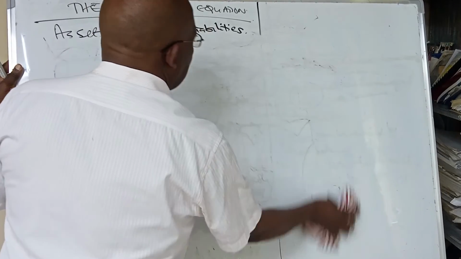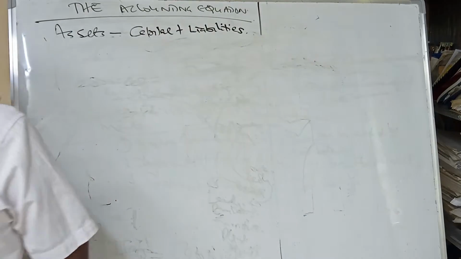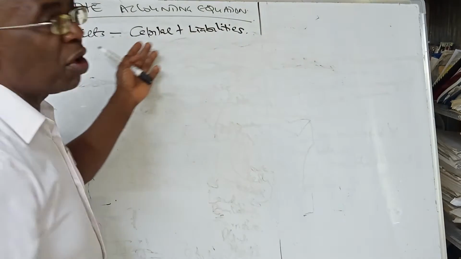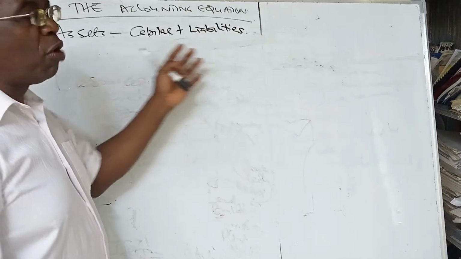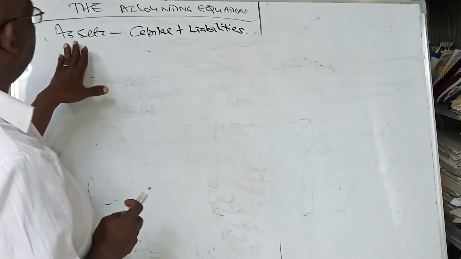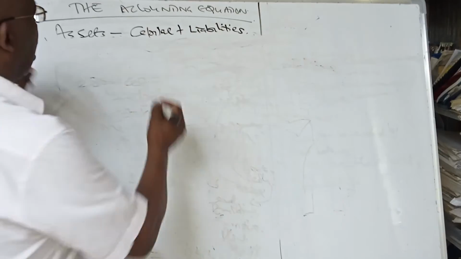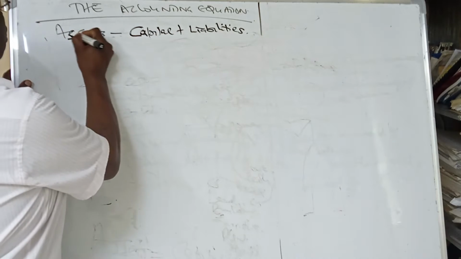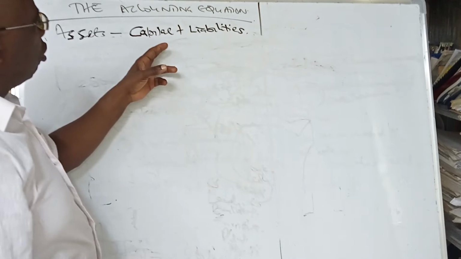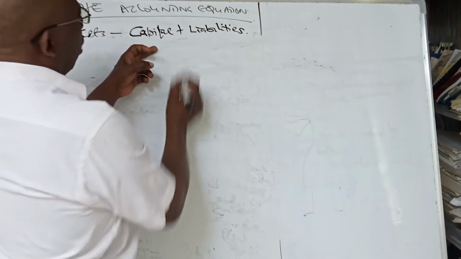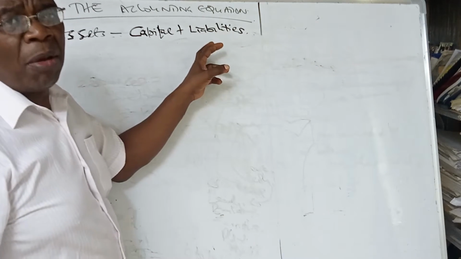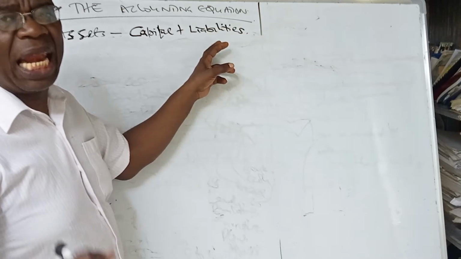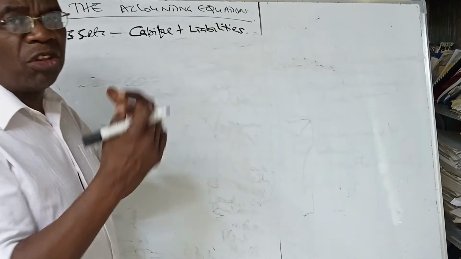Now, we are saying that you cannot have assets if you don't have the funds to help you acquire the assets. So we say assets equal capital, the money provided by the owner, plus liability, money provided by lenders, people who lend money to the business.